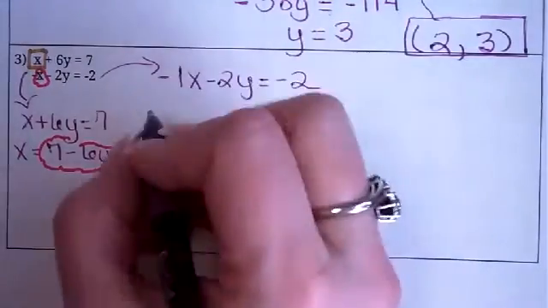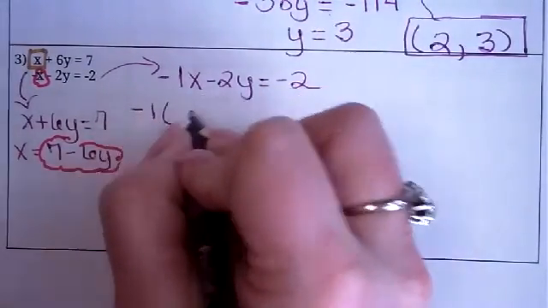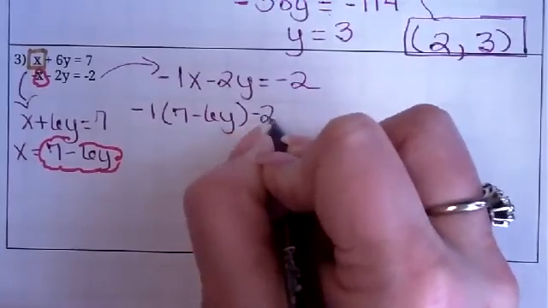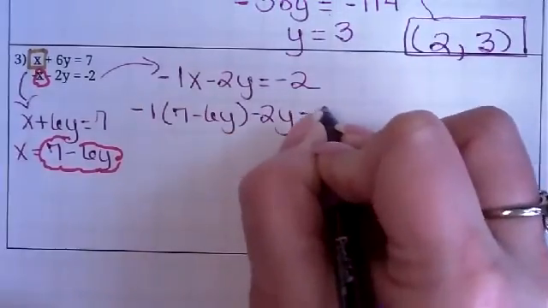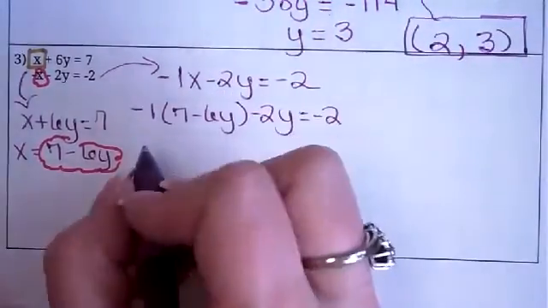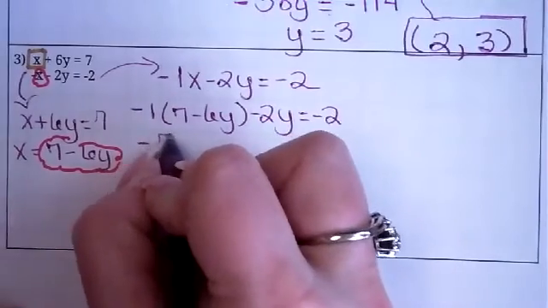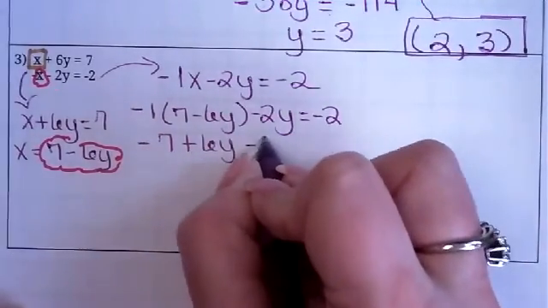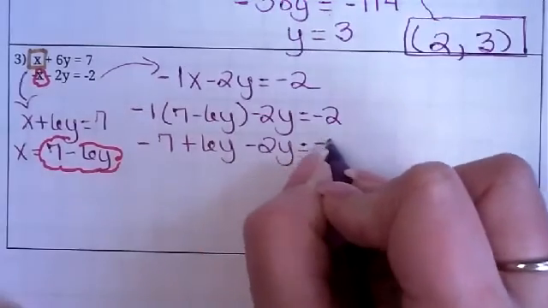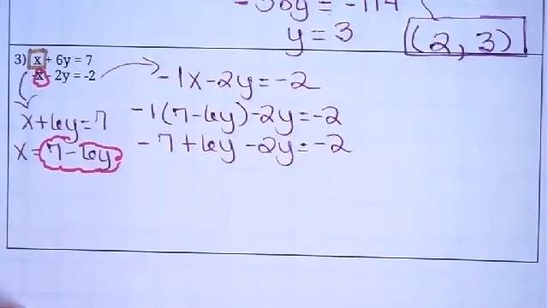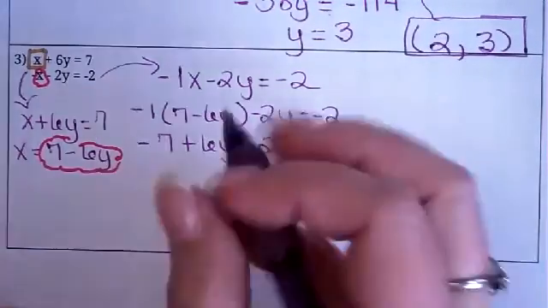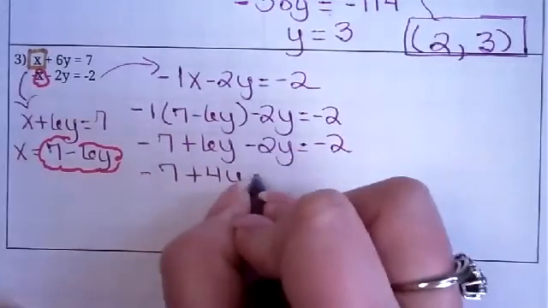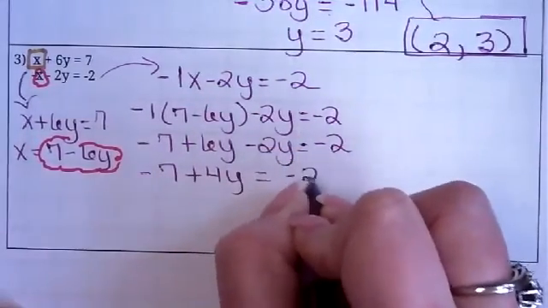So what I'm going to have is negative 1 times 7 minus 6y minus 2y equal to negative 2. That's going to give me negative 7 plus 6y minus 2y equal to negative 2. When I do my distributive property, now combine the like terms. Negative 7 plus 4y equal to negative 2.